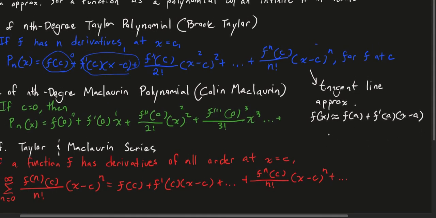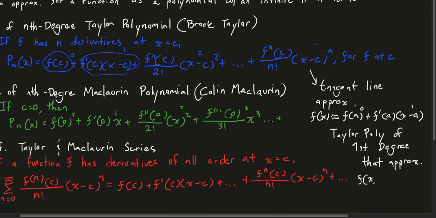And so that is a Taylor polynomial to the first degree. So we can see that this is the 0, and this is the first. So it's the Taylor polynomial to the first degree that approximates f of x for x near a.